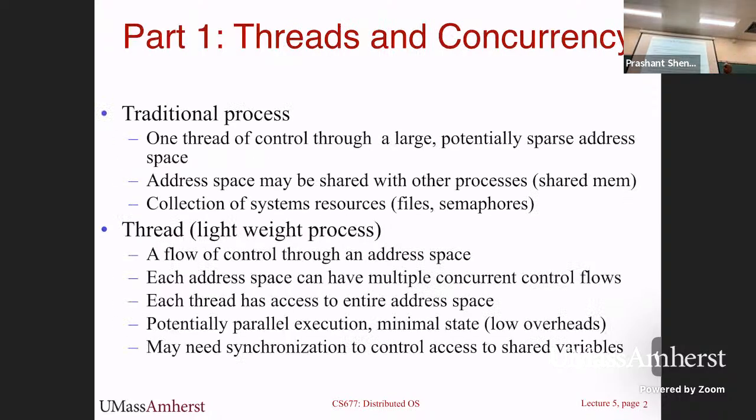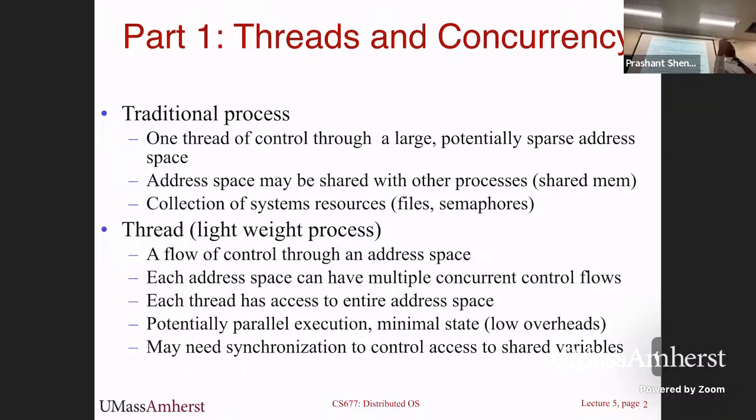So let's try to understand what a thread is. First you need to understand what a process is. A process is simply an executing program. A process will have some memory allocated to it. The memory will have a stack and a heap, and it will also have the code of the program loaded in it. When the process executes, the code is going to execute, and essentially you have one thread of control through that process.